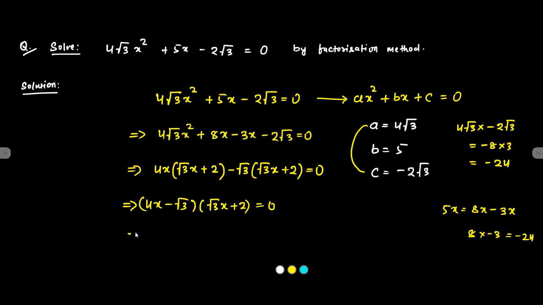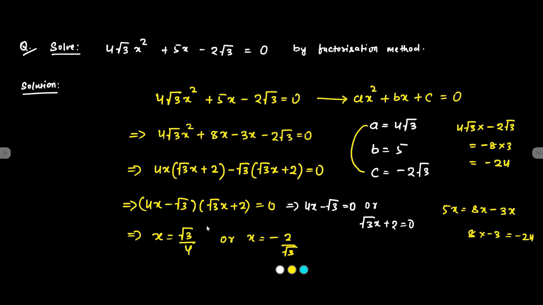That implies x is equal to root 3 by 4 or x is equal to minus 2 by root 3, because here 4x minus root 3 can be 0 or root 3x plus 2 can be 0.